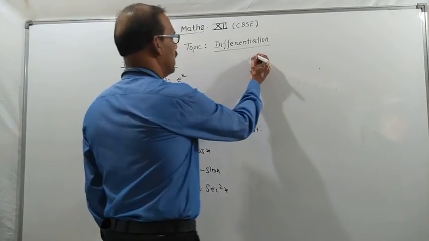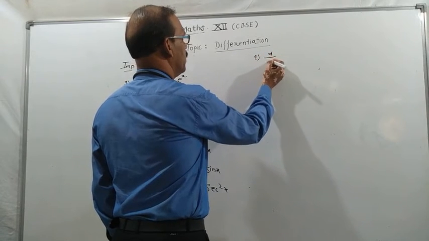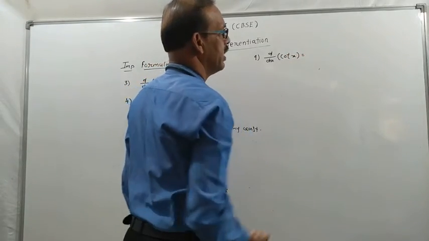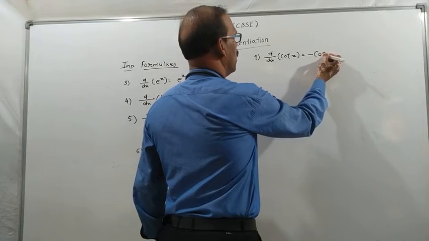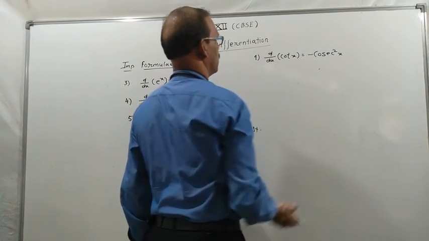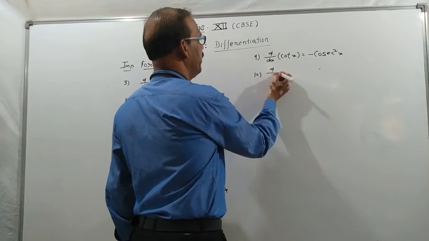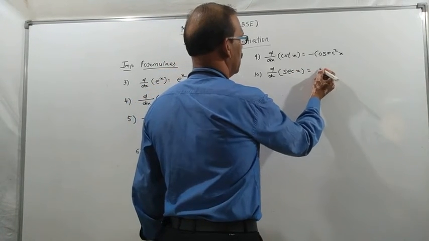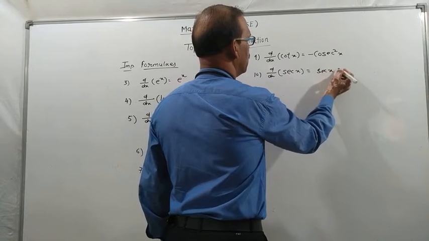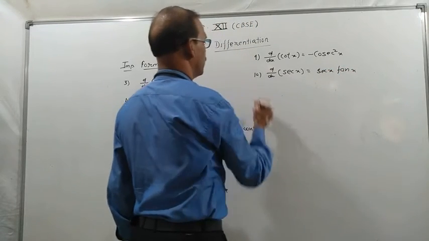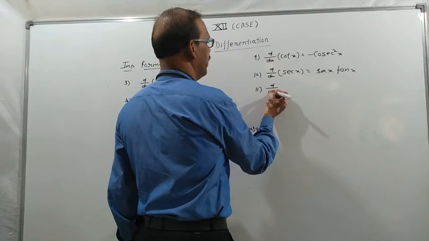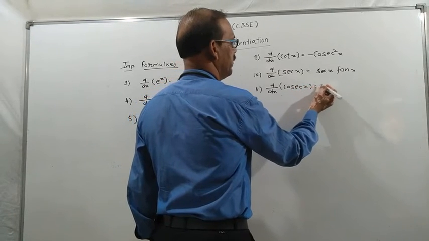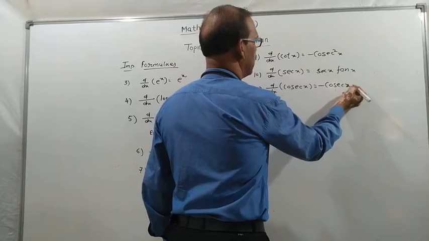Next, formula 9. Derivative of cot x is always taken as minus cosec square x. 10th one, derivative of sec x is always taken as sec x tan x. 11, derivative of cosec x is always taken as minus cosec x cot x.